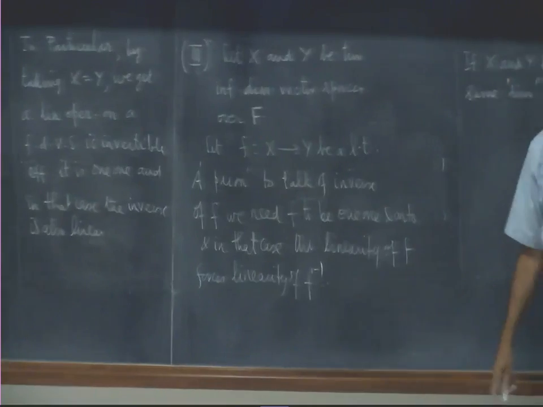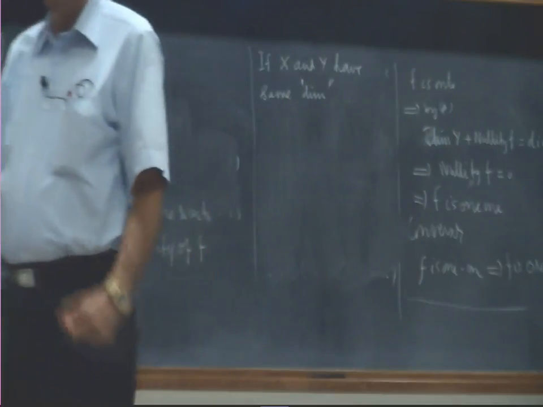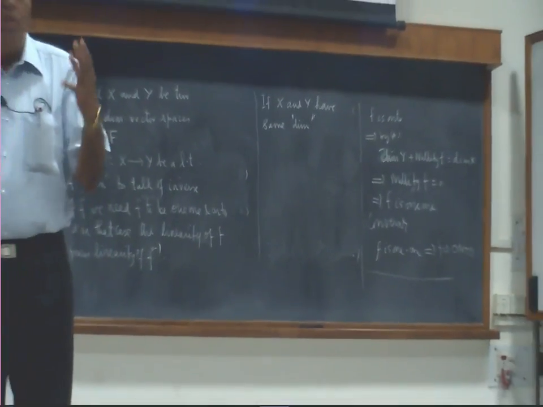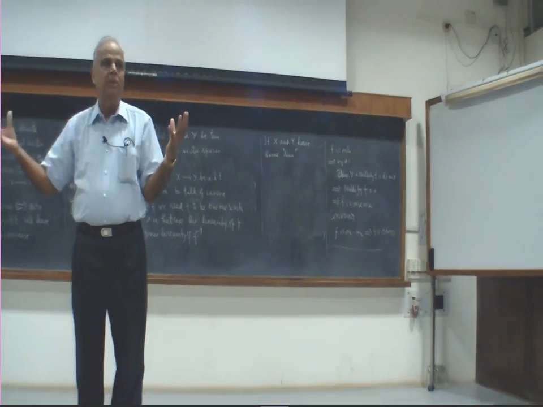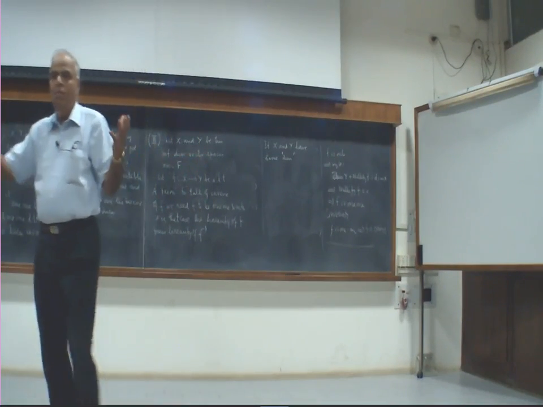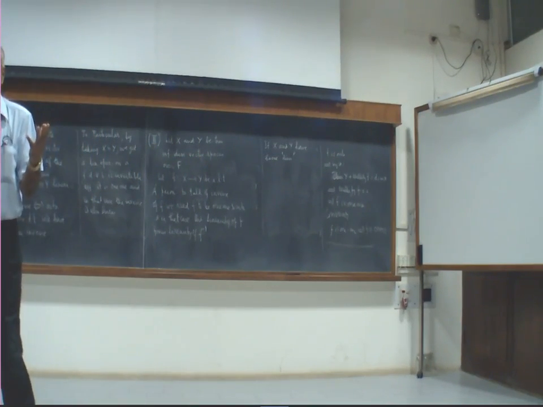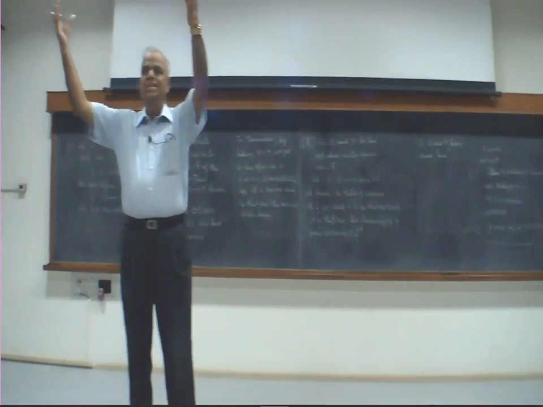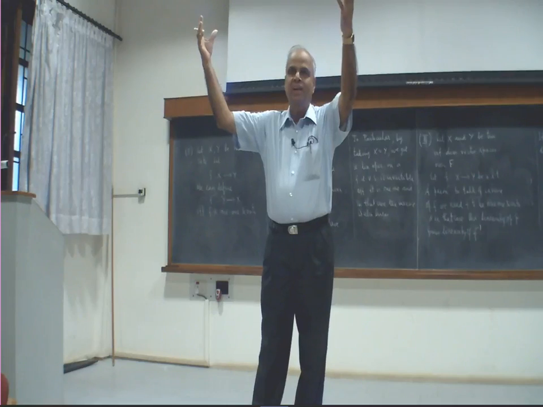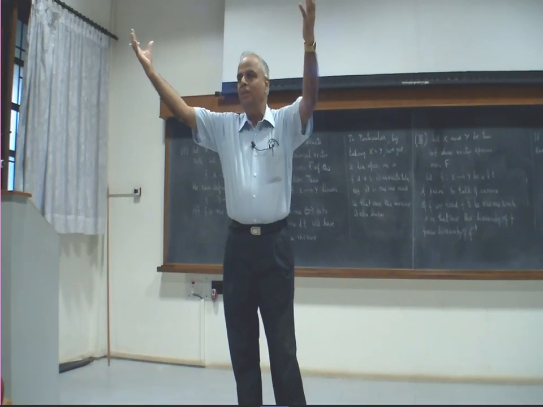what do you mean by same dimension now? That is, you have a basis for x, you have a basis for y. Suppose both are finite dimensional, when do we say they have the same dimension? This basis must have the same number of vectors as that basis. But when you go to the infinite situation, I have one basis which is infinite, another basis for y which is infinite.